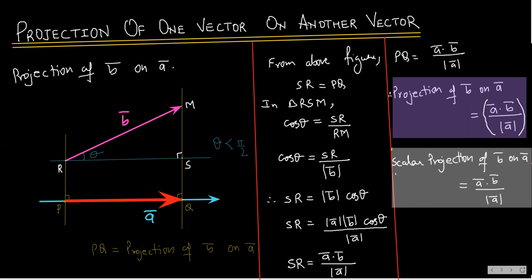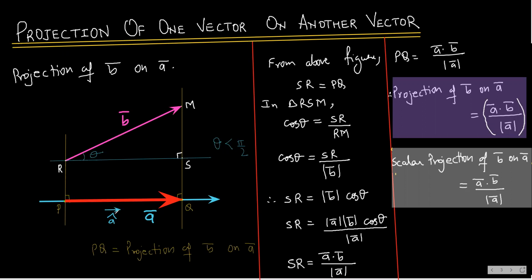In order to find vector PQ bar, the first thing I will do is find a unit vector in the direction of A bar. Say this vector is A cap. This vector which I drew is A cap, and it is a unit vector, that is, a vector having magnitude 1.